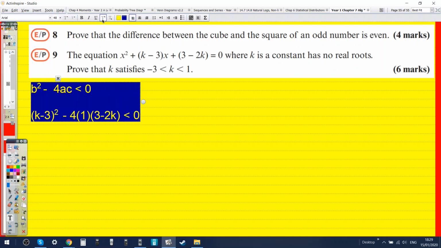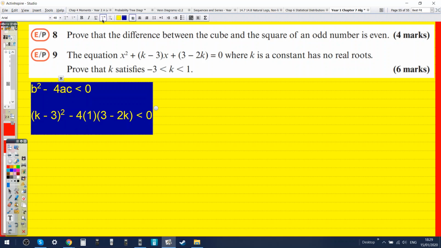Okay. So we'd get k squared minus 3k minus 3k. So k squared minus 6k plus 9, minus 12 plus 8k.